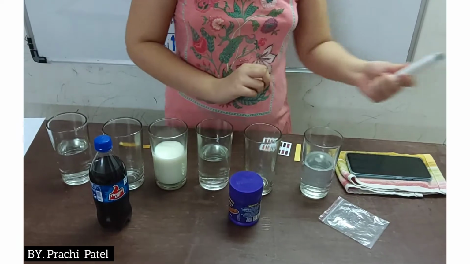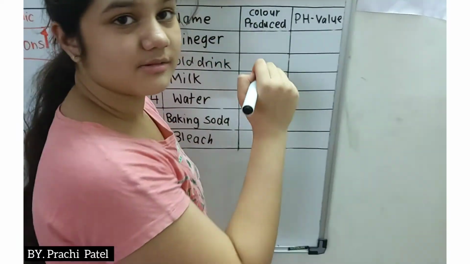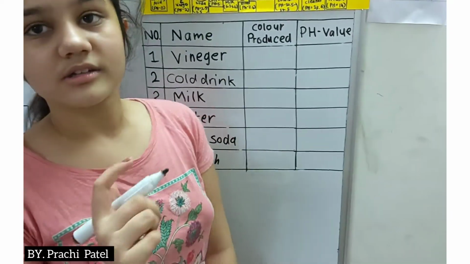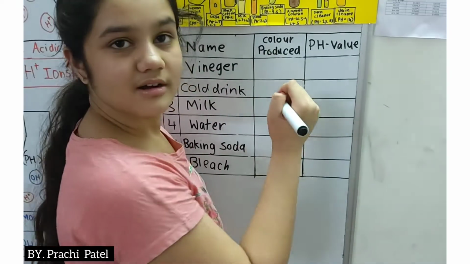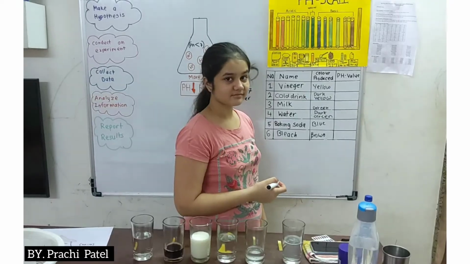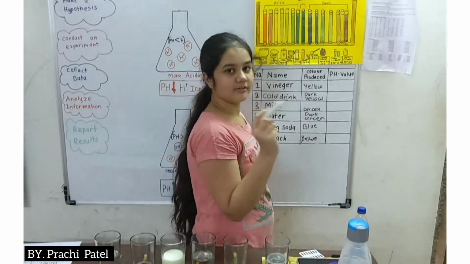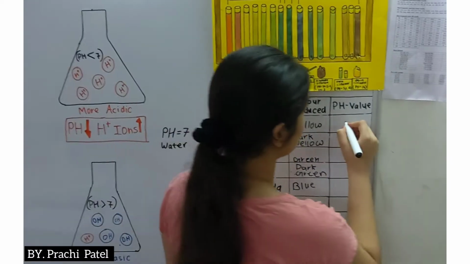So we'll write that it is between 1 and 2. The color is between 1 and 2, so yellow. So vinegar was a yellow kind of color, which we saw. So the pH value of vinegar is around 2.